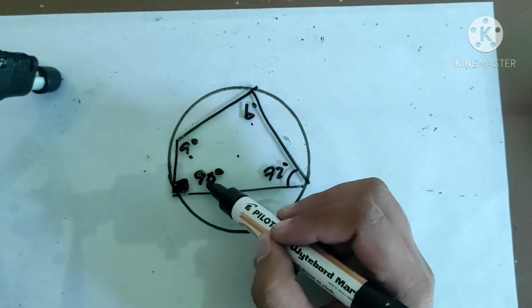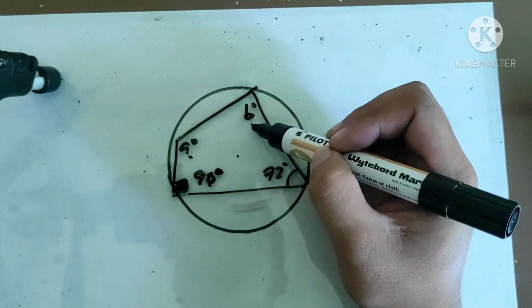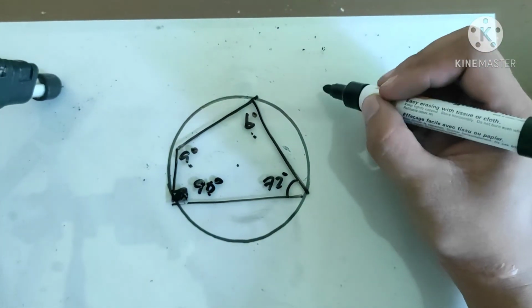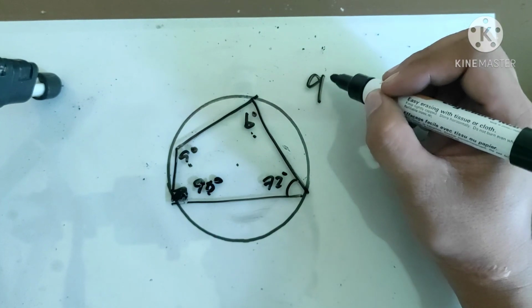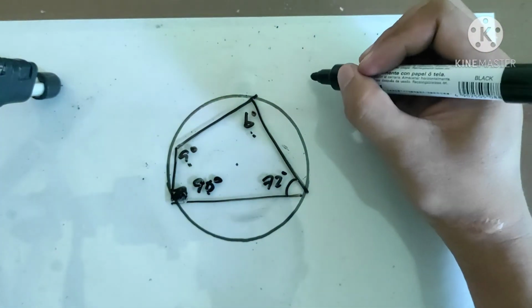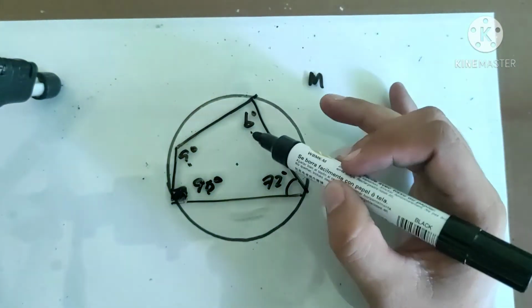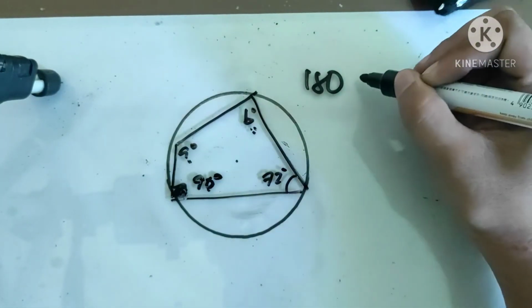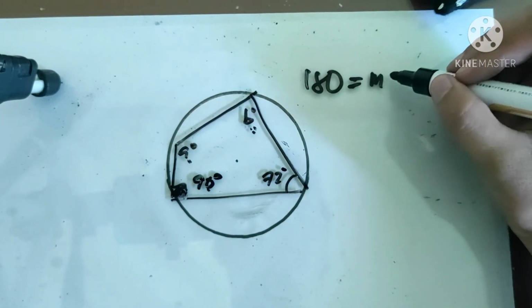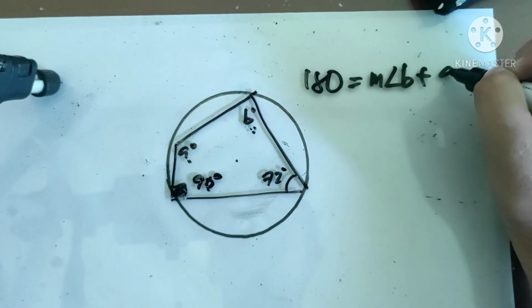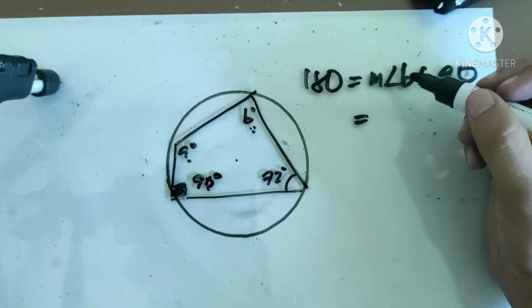So, meaning, 90 degrees to, supplement niya si angle B. So, meaning, sabi ko nga kanina, 180. Okay? Total nito is 180. So, 180, that is equal to measure of angle B plus 90.